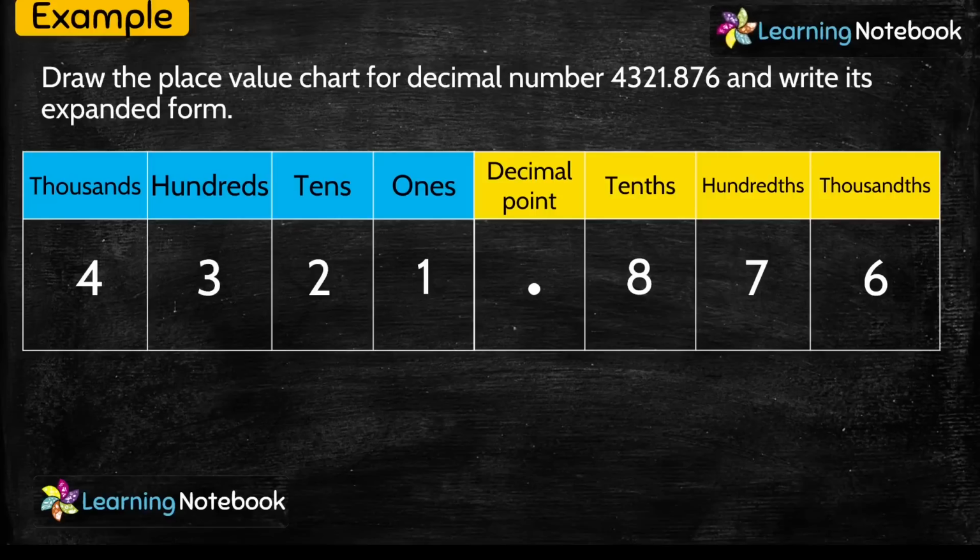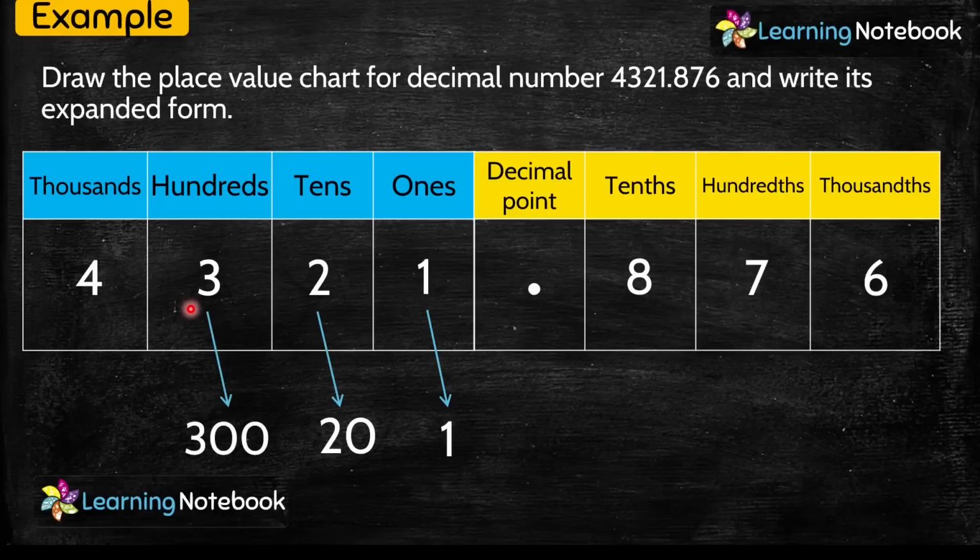Now we need to write the expanded form of this decimal number. For this, first we need to find the place value of all the digits of this decimal number. So let's first write the place value of the whole number part. Place value of 1 is 1, place value of 2 is 20, place value of 3 is 300, and place value of 4 is 4000.